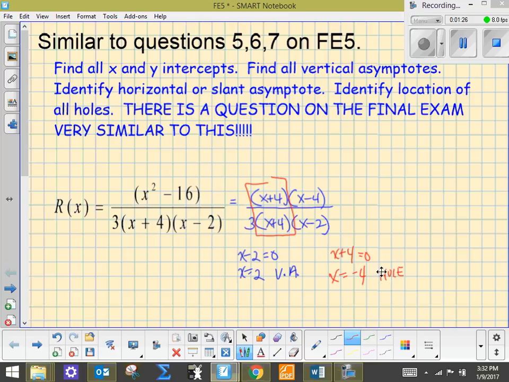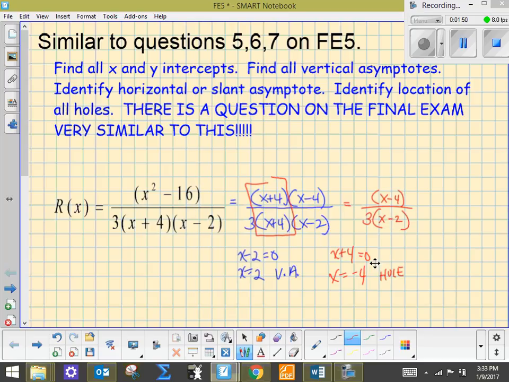And if it's a hole, a lot of times what we want to do is locate it. Once everything cancels out, we have x minus 4 over 3 times x minus 2, so that's what we're left with.